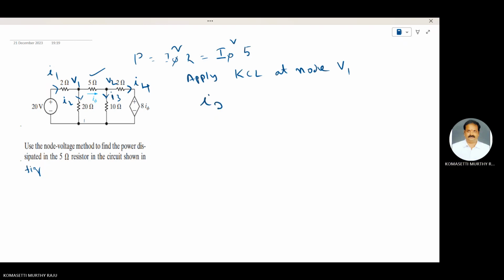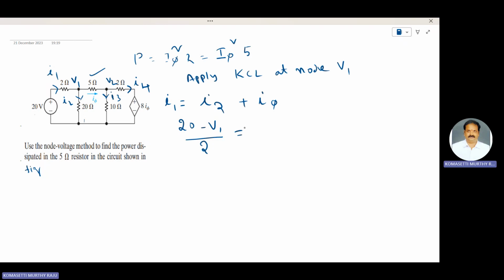I1 is the current entering that node. I1 is equal to I2 plus I5. I1 is (20 minus V1) by 2.